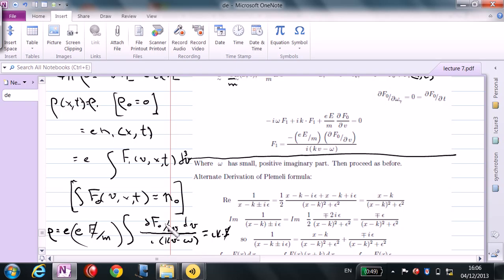You're also given dF0/dV. Everything is fixed except omega, and that tells you what omega has to be. And when you solve for what omega is, if you do it correctly, you'll get an imaginary term. That's the point. Because you'll have to include the i epsilon in that integral.